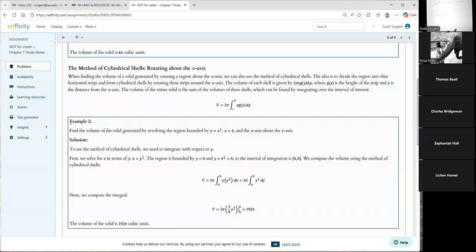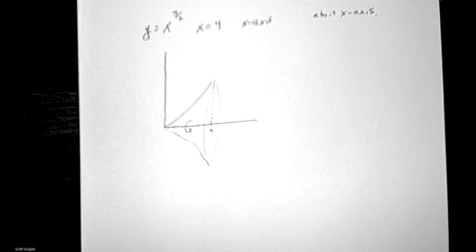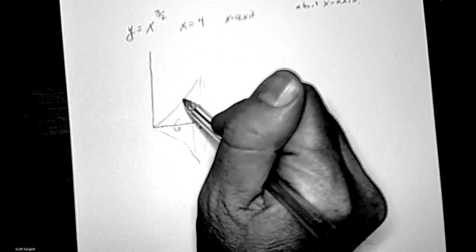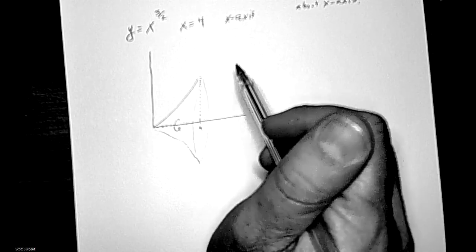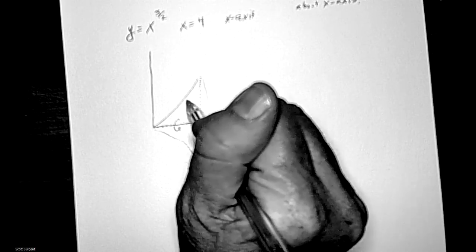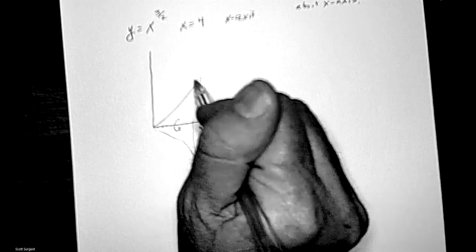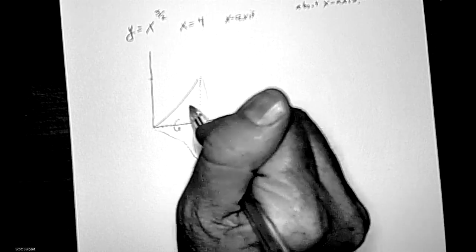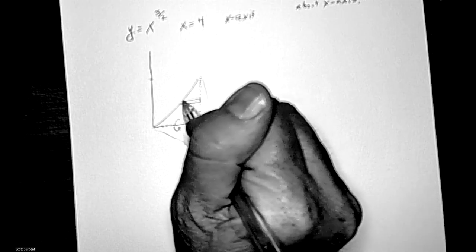Okay, and so they want us to use shells. All right, we'll use shells. Because frankly, you could use discs here as well. Actually, it'd probably be easier to use discs. If we use shells, that means I have to integrate with respect to y, and I'll just draw a representative shell. How about this guy right here?